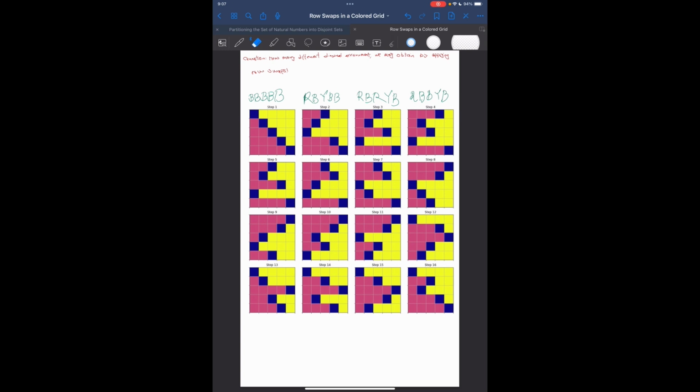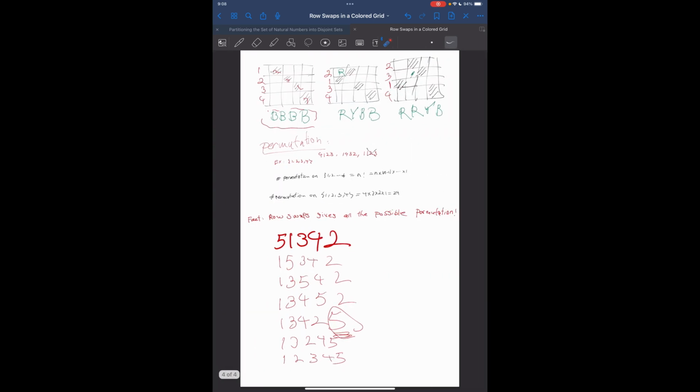So we consider all the possible permutations, and then each permutation produces some arrangement for the diagonal. And from there, we should actually find out how many different arrangements we get this way. Okay, so from now on, we basically can forget about swapping.